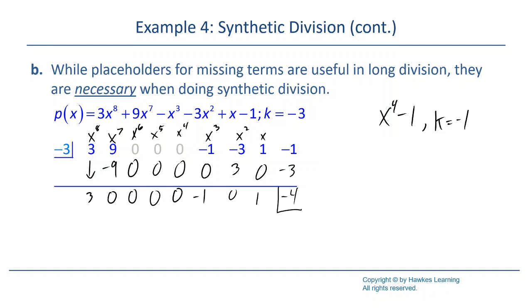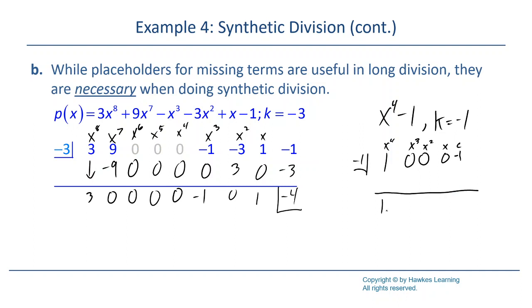Actually, we can do that right quick. So what it should be is 1, 0, 0, because x to the 4th, cubed, squared. We need a first, and then our constant. So we're going to test negative 1.